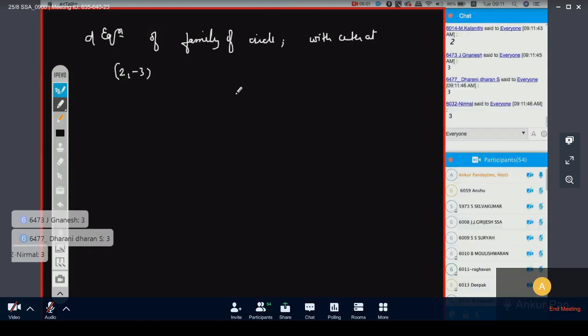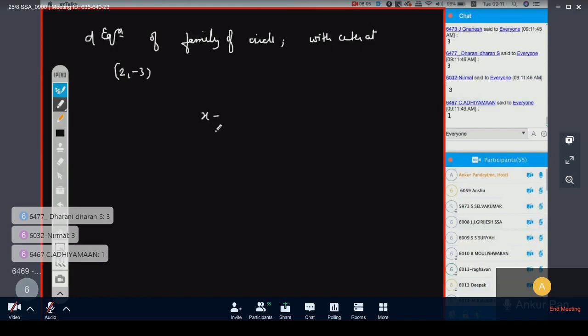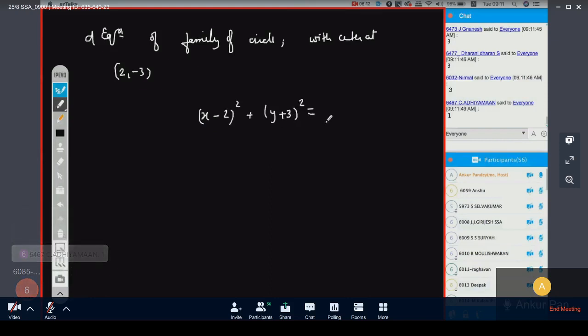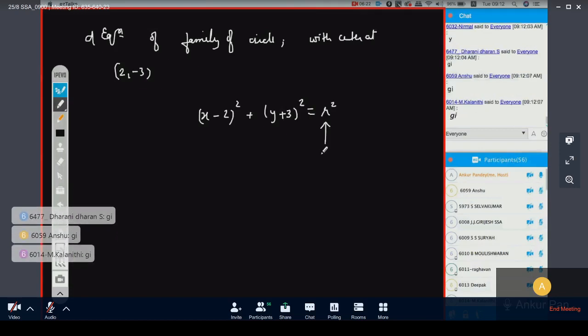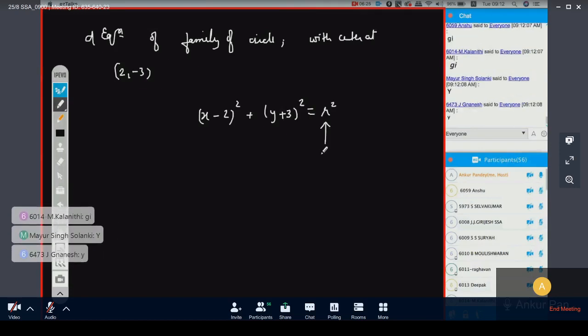One. Because now I have given you the center. x minus 2 square plus y minus 3 square equal to r square. So only one. Radius is not given. Clear? Got it? Very good.